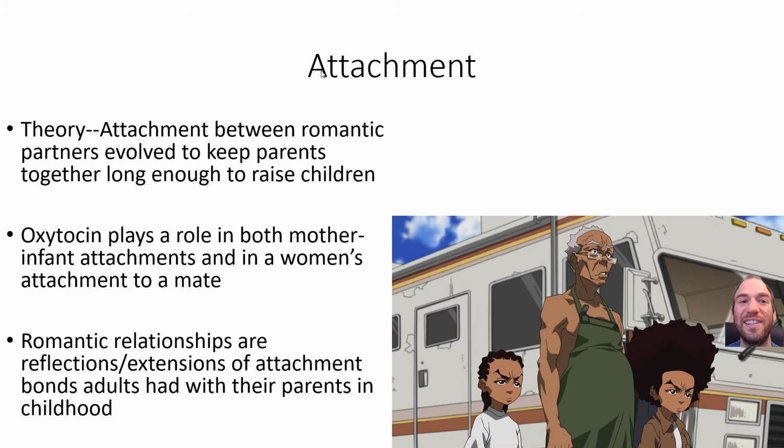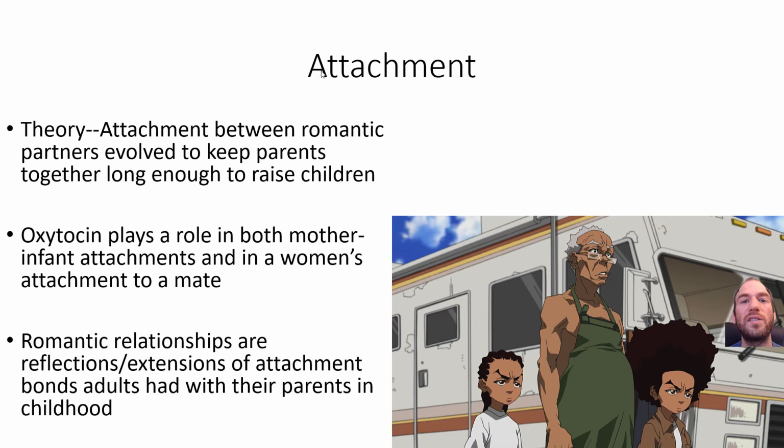It's an interesting theory of evolutionary change because historically, this idea of a nuclear family raising a child is really not that universal, and it's not even universal now. But the idea here is that there needs to be attachment because we have to raise this child, therefore we have to be attracted to each other and want to stay with each other, so then we can raise this child.